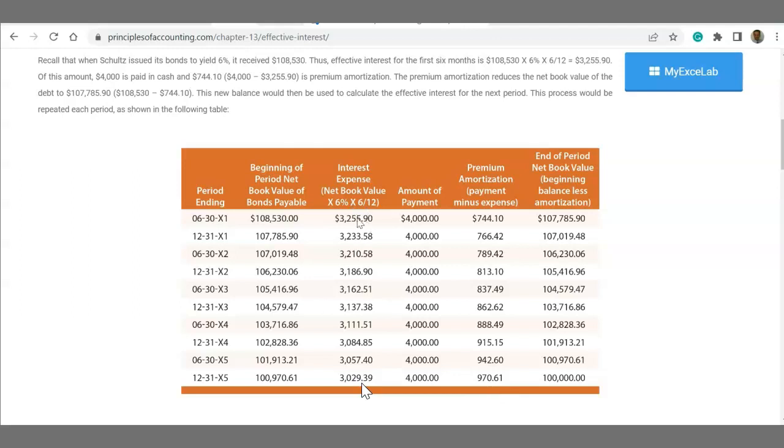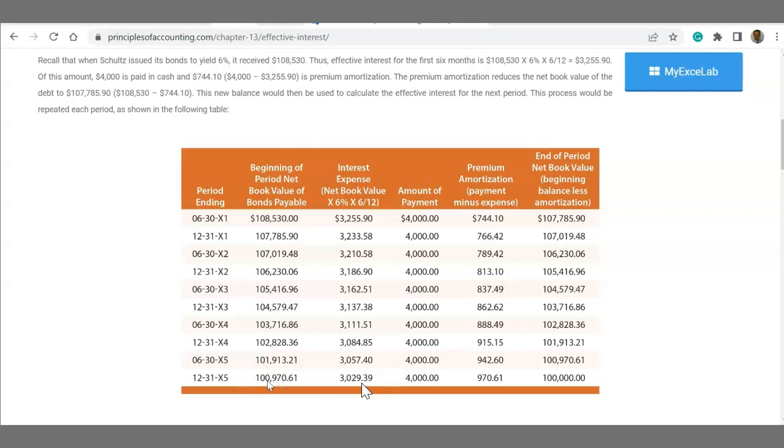And the interest expense in the first year was just $3,255 out of the $4,000 payment, but it keeps going down, because the net book value is going down.